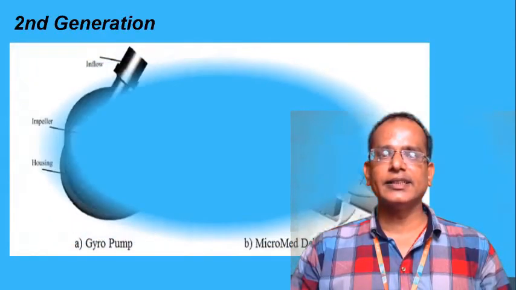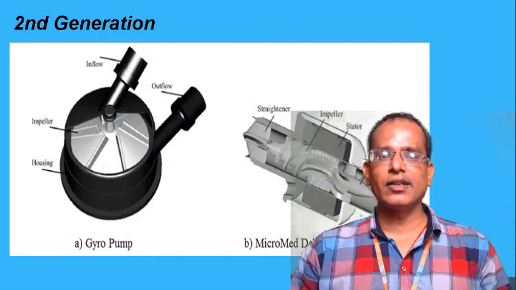So the second generation is called the gyro pump. The gyro pump has an impeller and a housing, with an inflow and an outflow. The inflow produces pressure to the aorta, and the outflow retrieves the pressure.